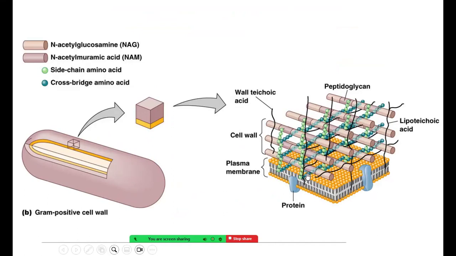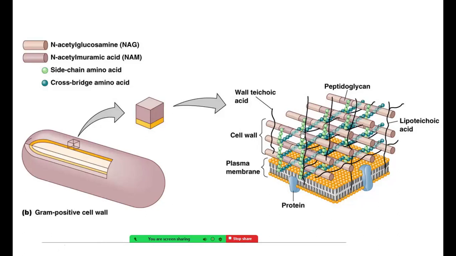We do have a few other molecules in the cell wall, such as teichoic acid and lipoteichoic acid. It's thought that teichoic acid helps hold the peptidoglycan together, meaning this teichoic acid runs from one layer of peptidoglycan to the next, to the next.